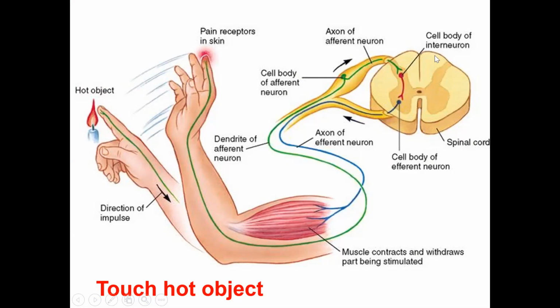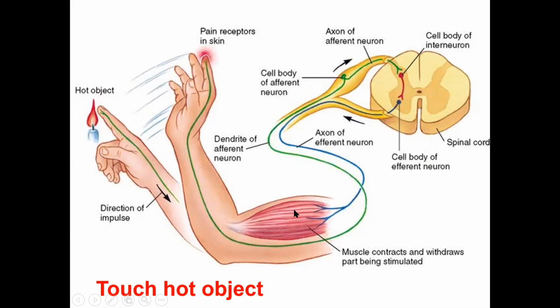Inside the spinal cord there is an interneuron. The interneuron will send the nerve impulse to the efferent neuron, and from the spinal cord it will send the nerve impulse to the effector using the efferent neuron.